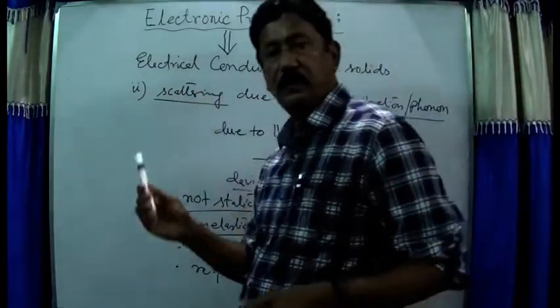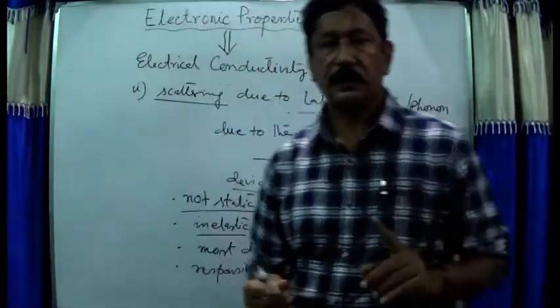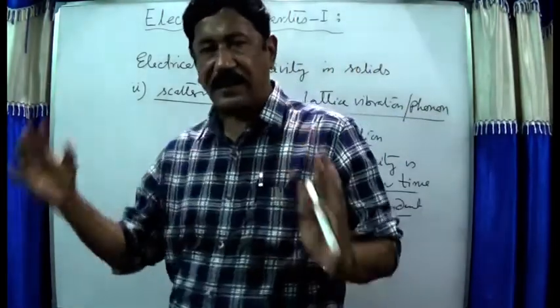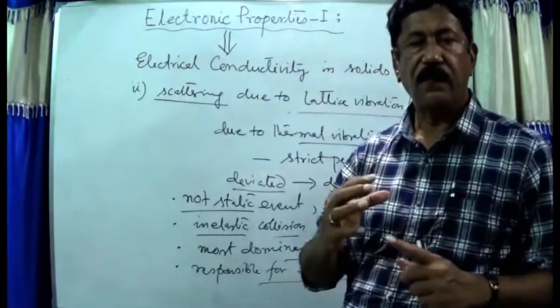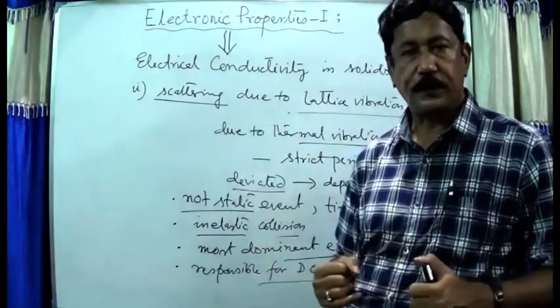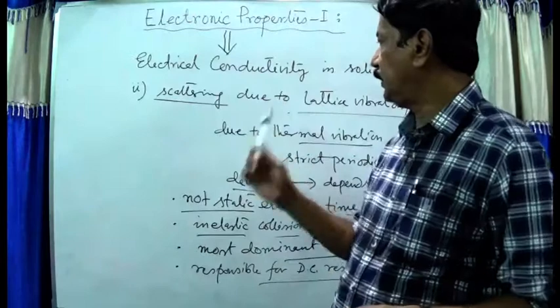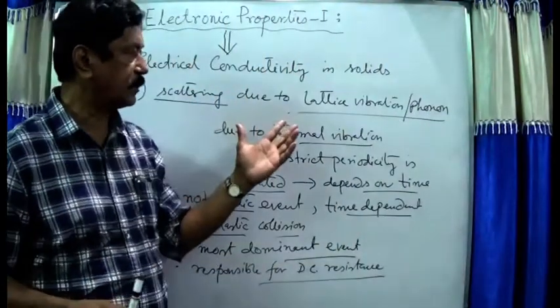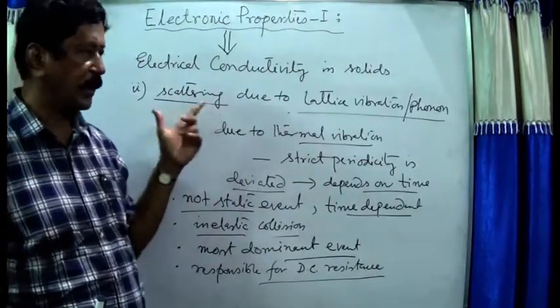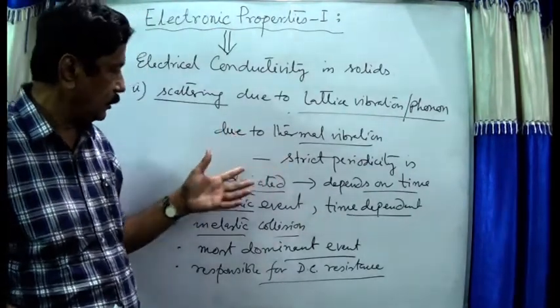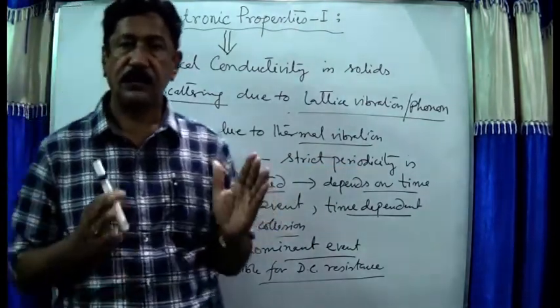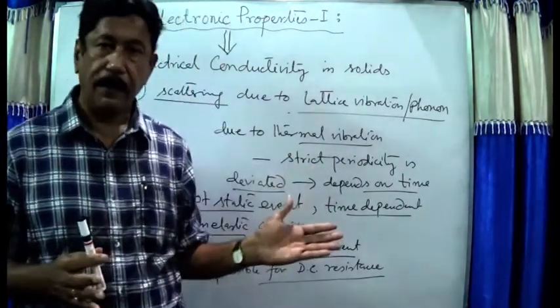In the first point, we talked about a static event where the electron collides with a static pattern of ionic positions. But in this case, the electron encounters such collision when the static periodicity is not there.